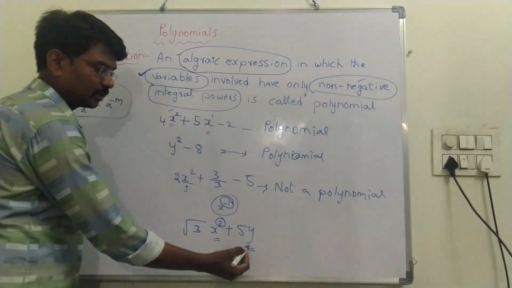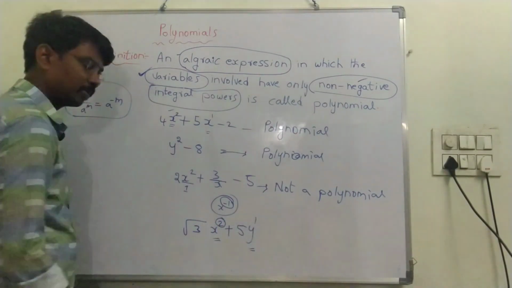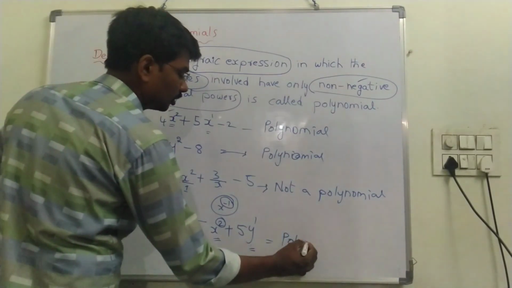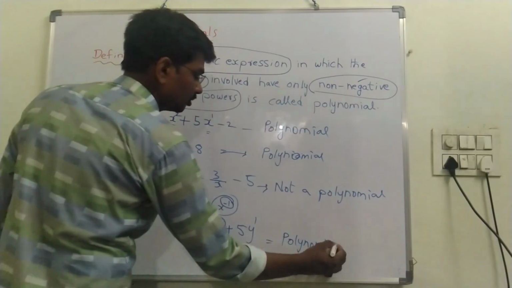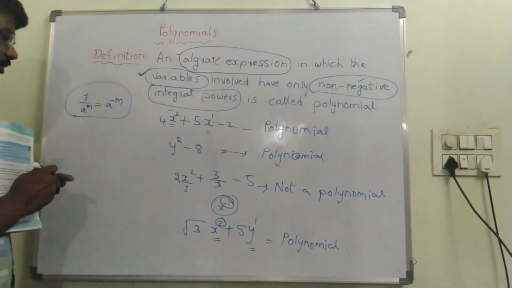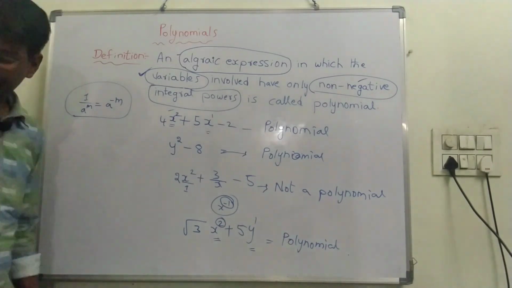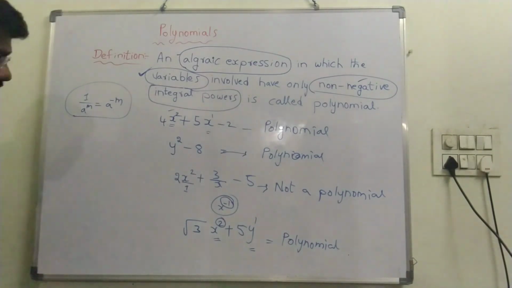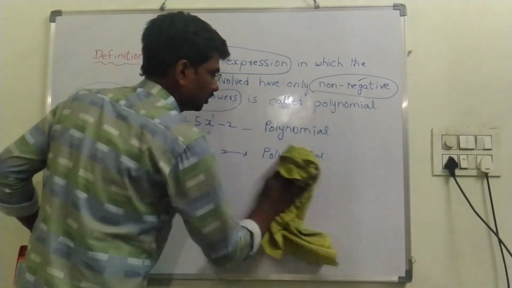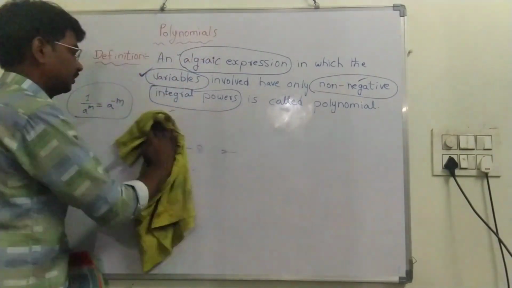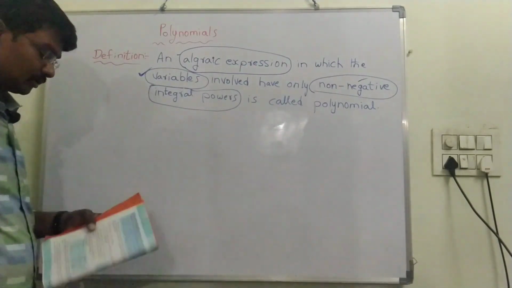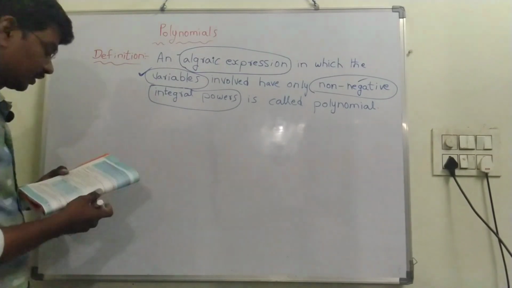What is the power of variable y? 1, positive number. So we can say this is a polynomial. Is it correct? So observe properly so that you can understand the subject. To get any subject, observation is more important.